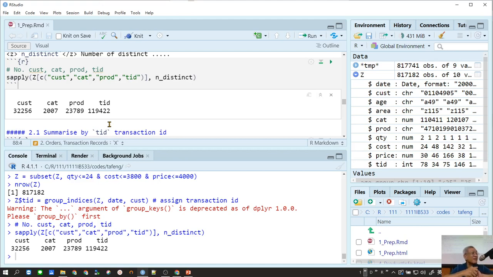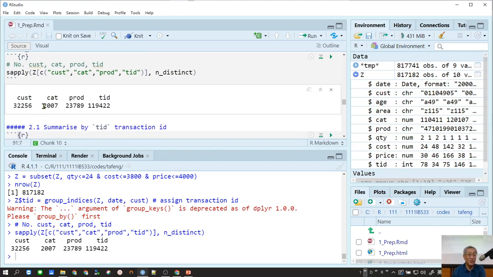And this is the number of customers, because I'm applying n_distinct. So within all of these items, I see so many customers, creating so many transactions, and we have so many product categories, so many different products.